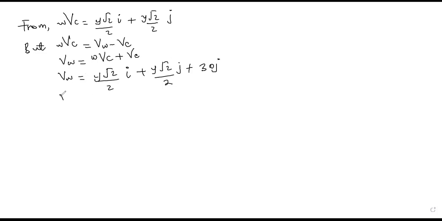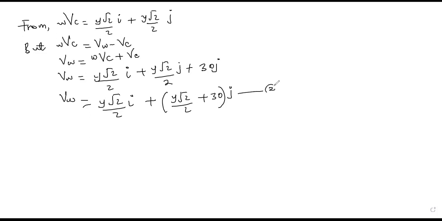When you factorize, our velocity of wind is going to be y √2/2 i plus the j components, y √2/2 plus 30, then j. So that is my equation 2. Equate equation 2 and equation 1, because they are all velocities of wind.